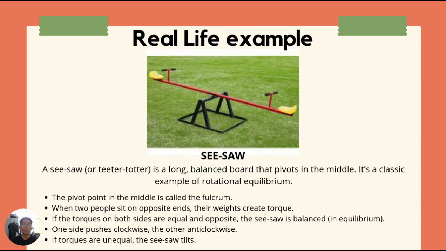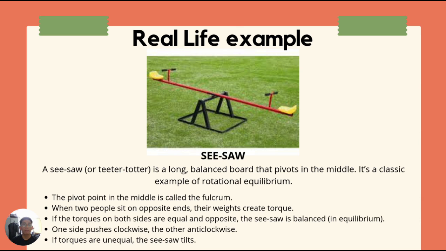A real life example is a seesaw. A seesaw is a long balanced board that pivots in the middle. The pivot point in the middle is called the fulcrum. When two people sit on opposite ends, their weights create torque on each of their sides. When the torques on both sides are equal and opposite, the seesaw is balanced, or in this topic, in equilibrium.